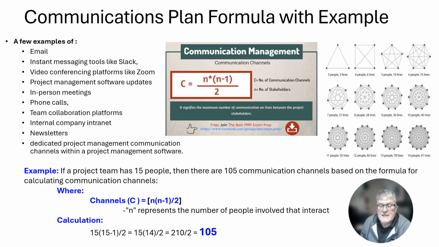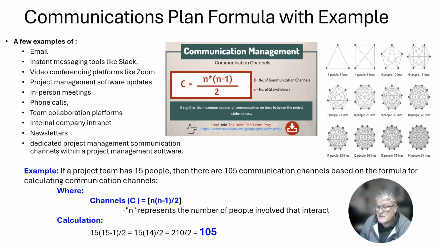So here's an example of a communication plan. In a communication plan, you might state what devices you're going to use, or what techniques or routes you're going to use to communicate key information to key stakeholders. You might use email, you might use instant messaging, for instance, software like Slack. You might use video conferencing like Zoom. You might use project software that provides updates, instant messages immediately to people.